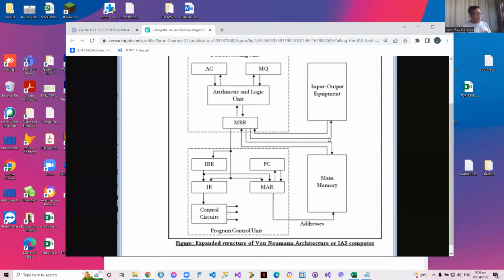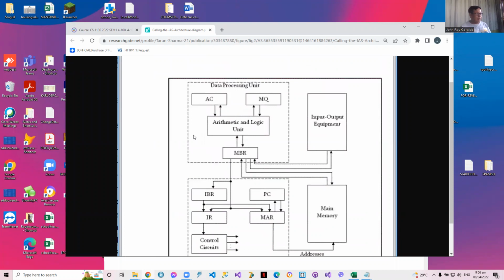The processor or the mill was split into two parts. You have a data processing unit, sometimes called the arithmetic logic unit. The arithmetic logic unit does the arithmetic: addition, subtraction, multiplication, division.